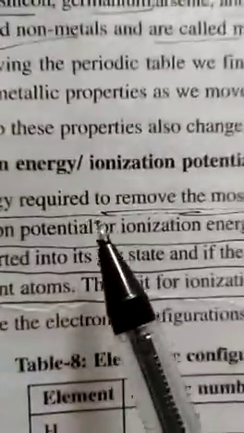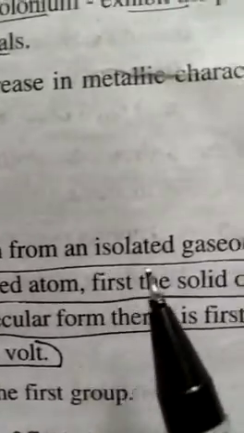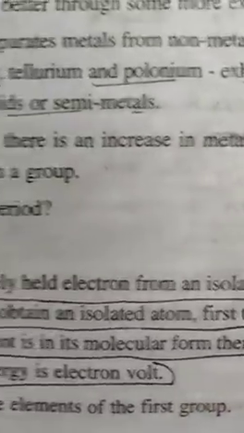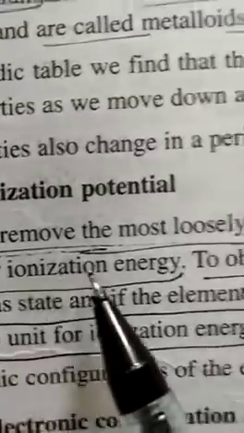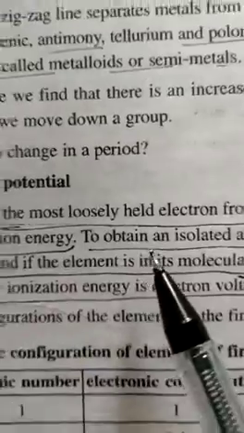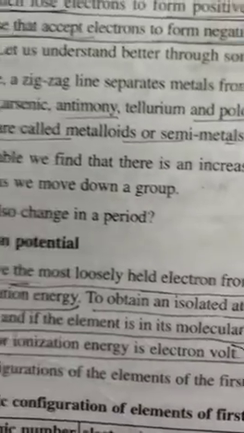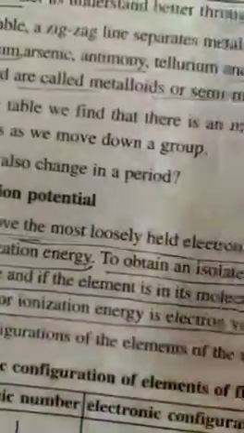The energy required to remove the most loosely held electron from an isolated gaseous atom. Isolated means alone. Gaseous atom is called ionization potential or ionization energy. Isolated atom means, for example, I told you HCl is a molecule, it is one molecule. It should be broken down, then only is it easy to remove the electron from the isolated atom.